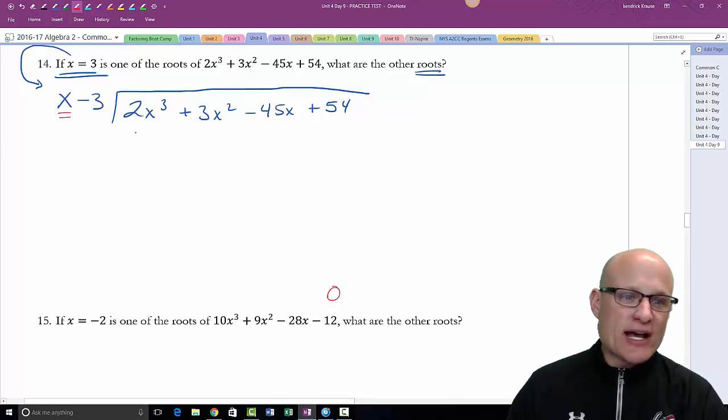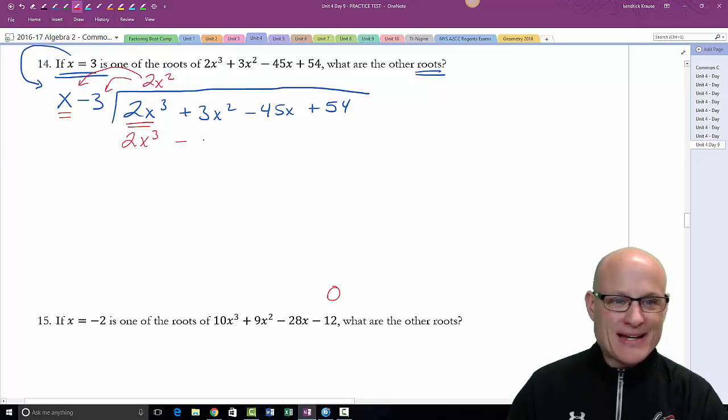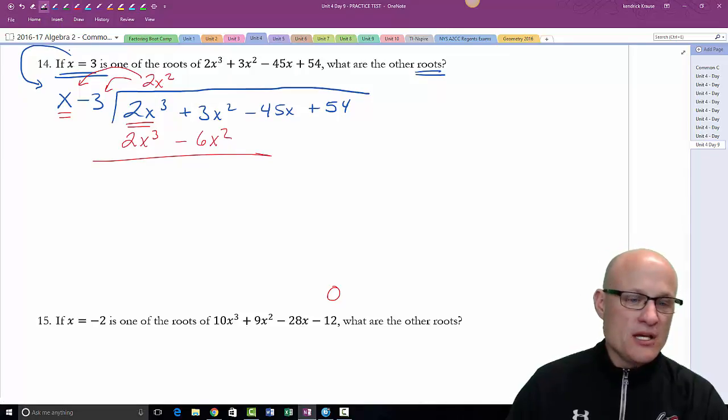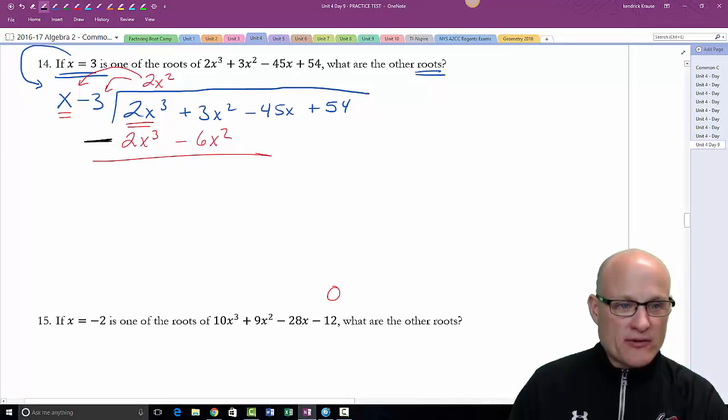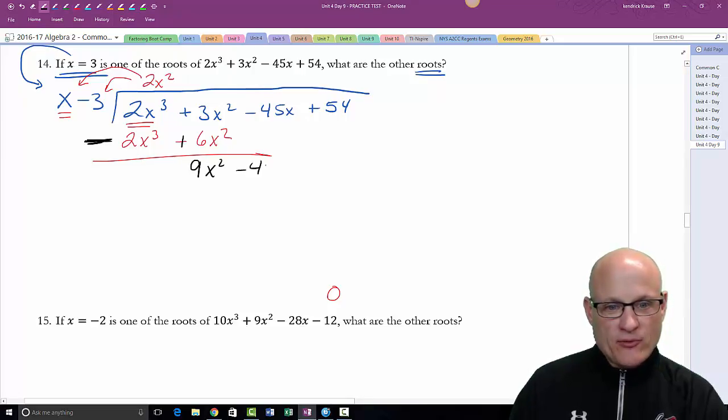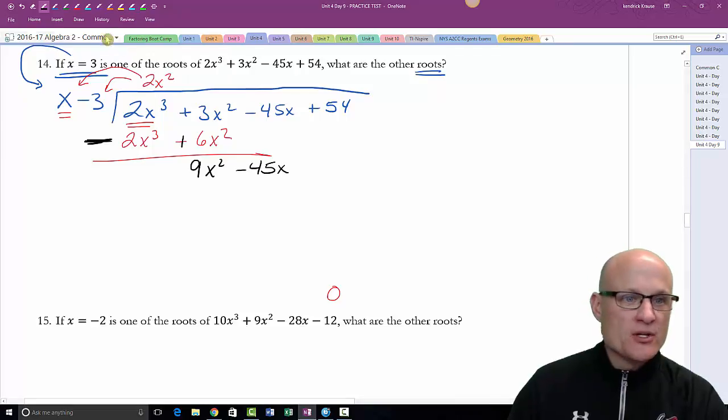So how many times is x going to 2x cubed? Oh, 2x squared. We're going to multiply by both of these. 2x cubed minus 6x squared. Subtracting is the hardest part, everybody forgets it. Minus, plus. 9x squared, bring down the minus 45x. What do I have to multiply x by to get 9x squared?